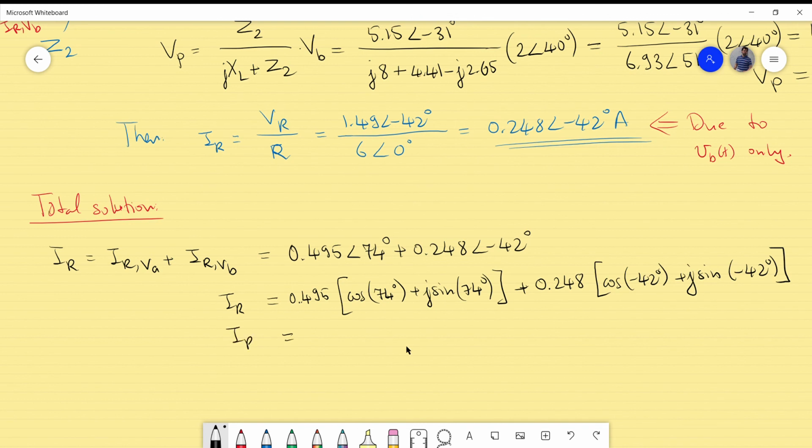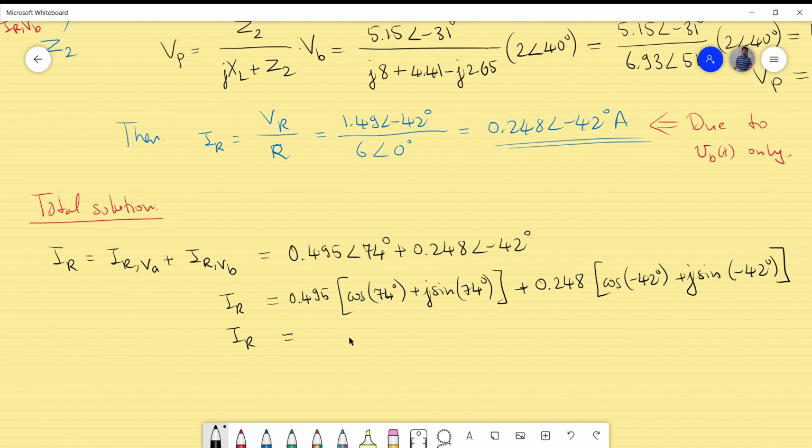So we have cosine of 74, sine of 74, and then cosine of minus 42 degrees, and also sine of minus 42 degrees. And then you multiply each of these terms with its own amplitude.